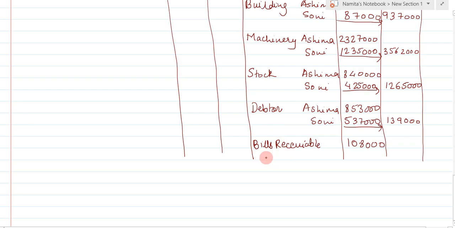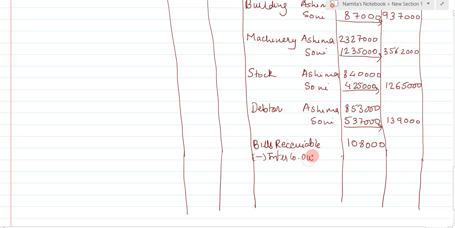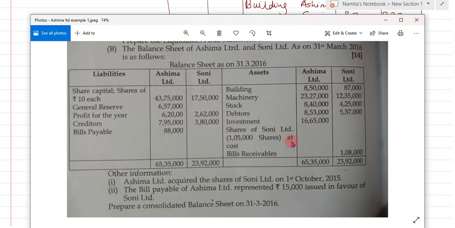Okay, less intercompany owing. That means 15,000 we have to reduce from bills receivable, in outer column 93,000. Okay, so all the items of the balance sheets we have posted in the consolidated balance sheet. Now we will move to liabilities.